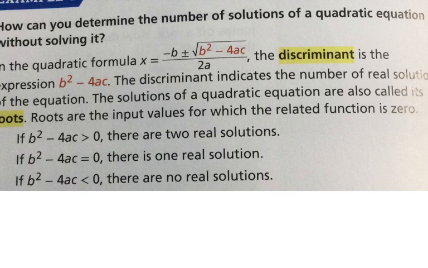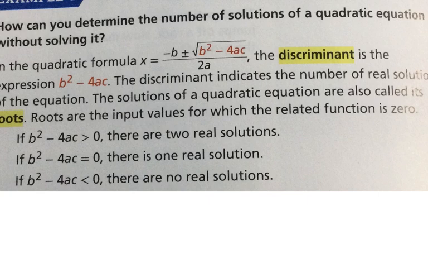So, discriminant. You can determine the number of solutions of a quadratic equation without solving it. In the formula, x equals -b plus or minus the square root of b squared minus 4ac all over 2a. The discriminant is b squared minus 4ac. Why is it called the discriminant?